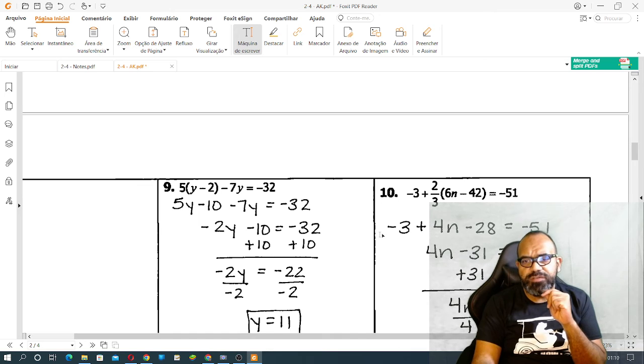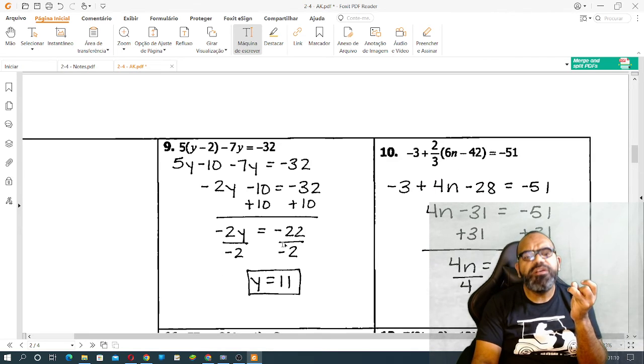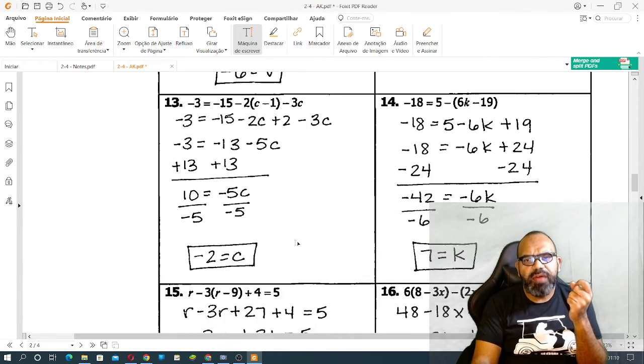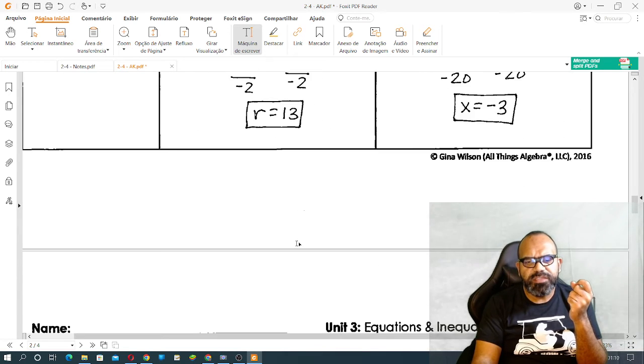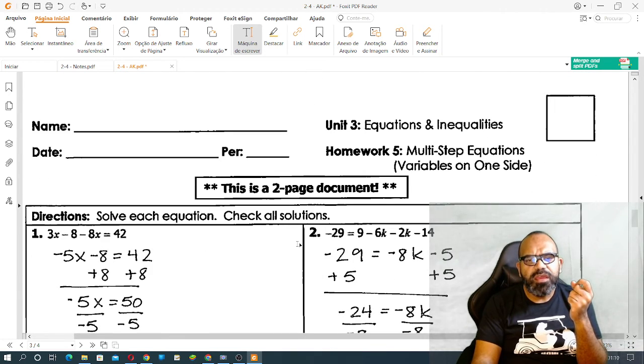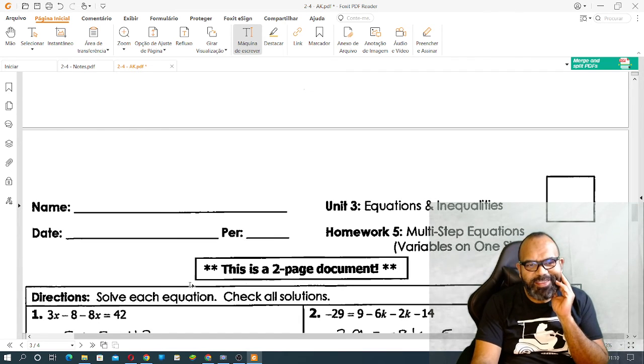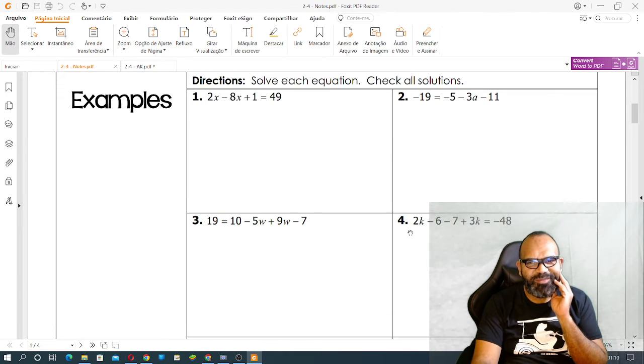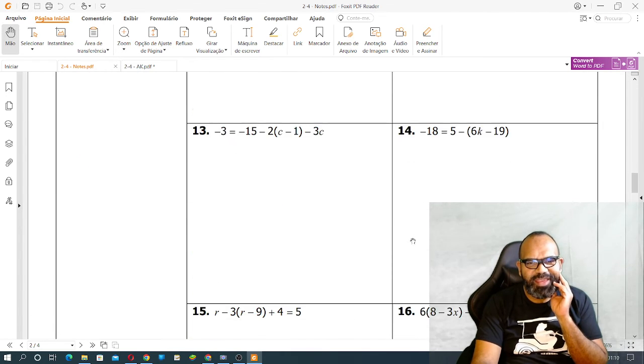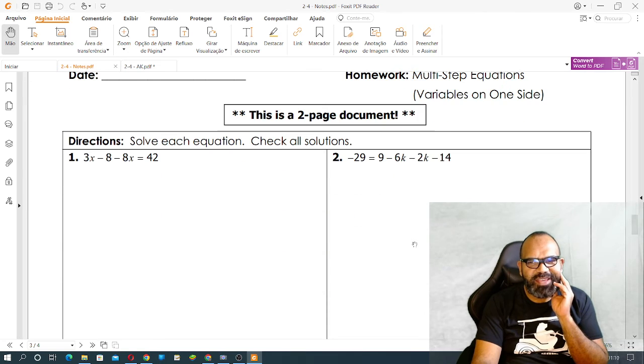The advanced students who already finished, you can go over here. Number 9, 10, 11, 12, 13, 14, 15, 16. And the homework, it is over here. Okay, I will not show the homework because I have the answer key here. Great, but the homework, as you know, the same page I have here. Here's the homework. Here's the blank one. Okay, page 18.